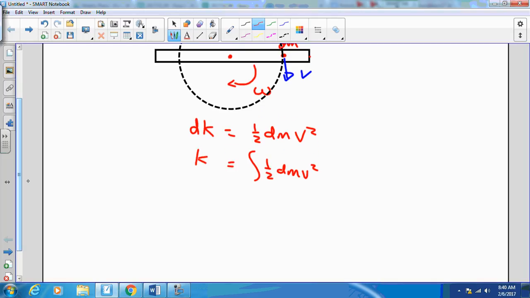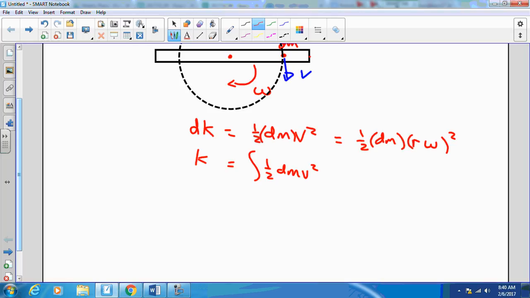So we're going to replace the speed v with the familiar expression v equals r times omega, so that we get (r omega) squared rather than v squared.